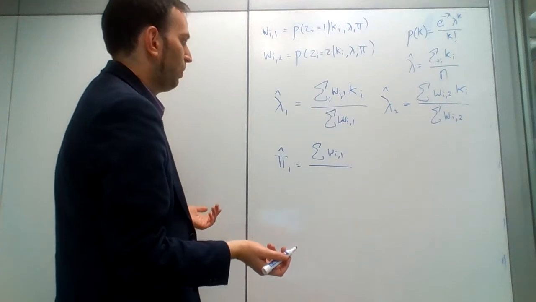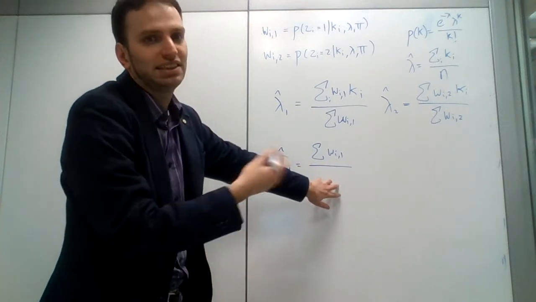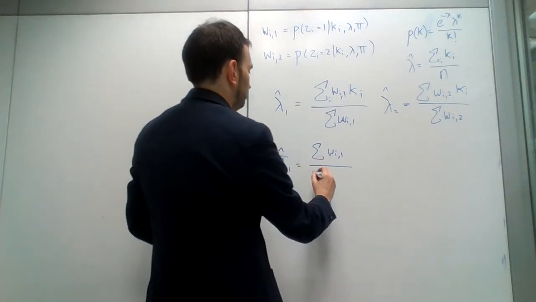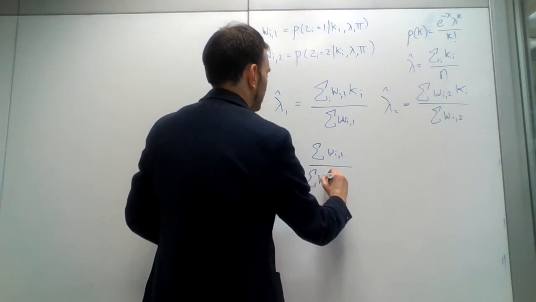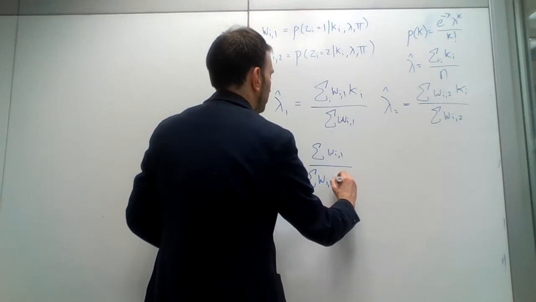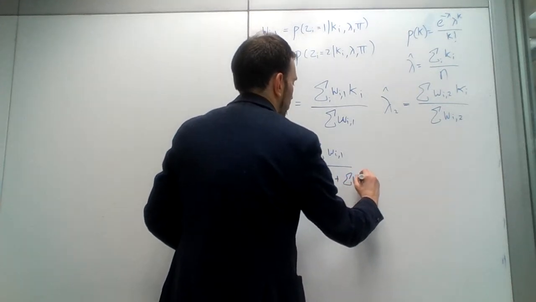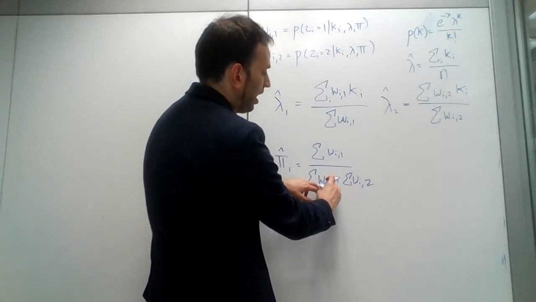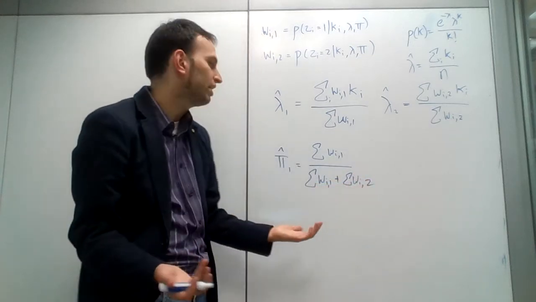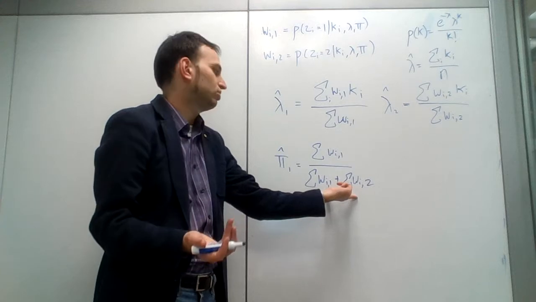You could of course just divide by n, that's definitely the total number of points, or the way we wrote it in the solutions is the sum over w_i1 plus the sum over w_i2, because w_i1 plus w_i2 is always 1. This is just going to be n, the total number of points.